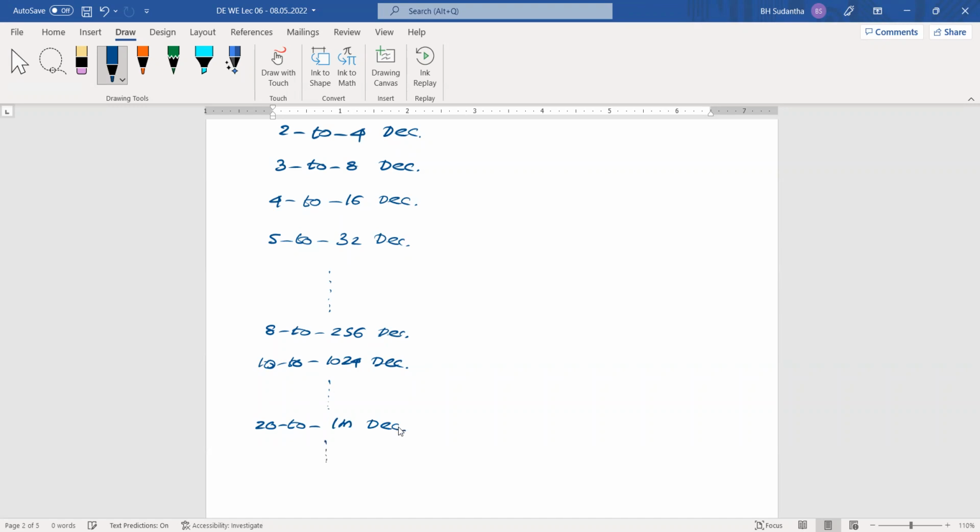And if you go a little bit beyond this one, then if you say 30 to 1 billion decoder. You can write like this, but what do you think? Is it practical to have these types of devices having this many output lines and input lines?